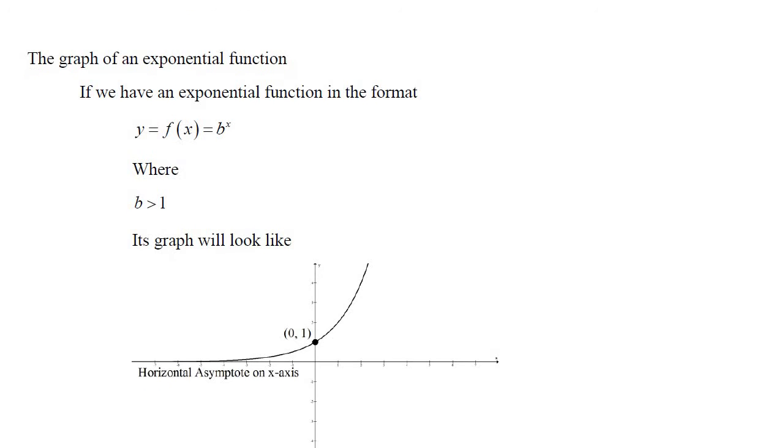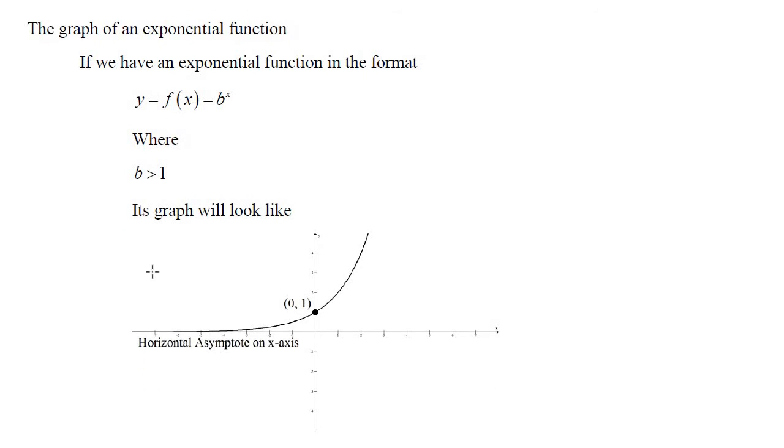Alright, let's take a look at the graph of an exponential function. If we have an exponential function in this format, f of x is equal to b to the x, where that base number is larger than 1, then we're going to have a graph that looks like this.